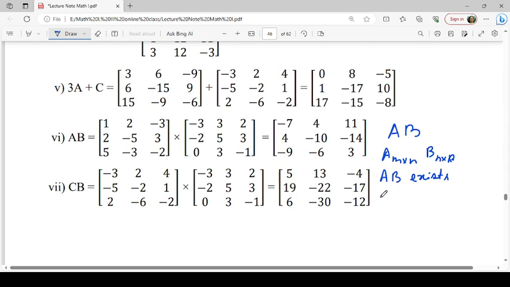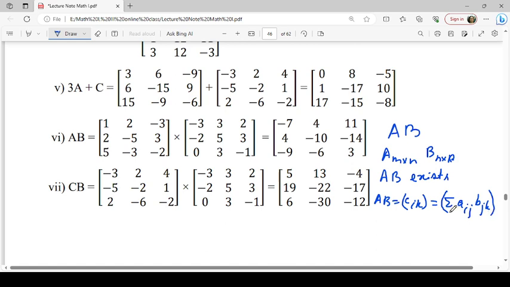So AB is equal to C_IK, we write C_IK is equal to the summation of A_IJ B_JK.